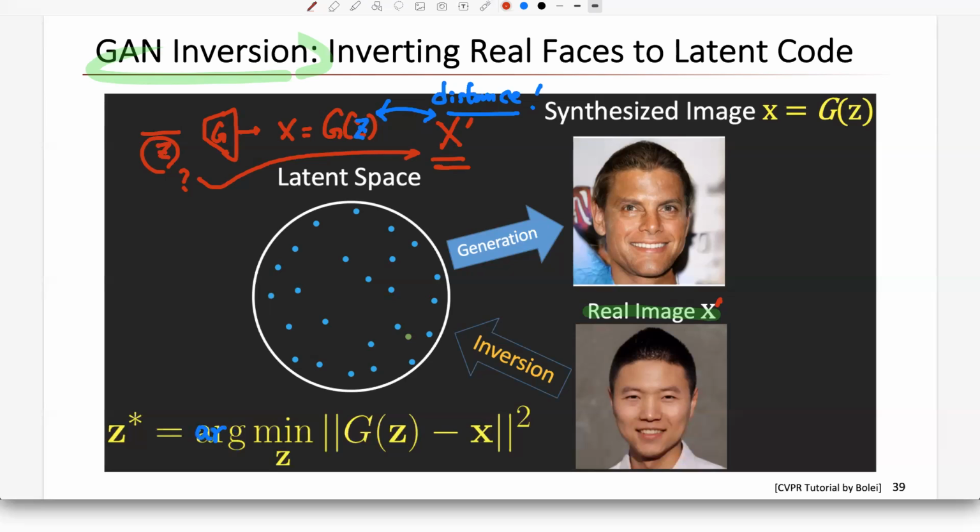Argmin with respect to the z that minimizes the difference between the generated output and the original input. Then it's going to be the z star. With this z star we can generate the real-looking image.